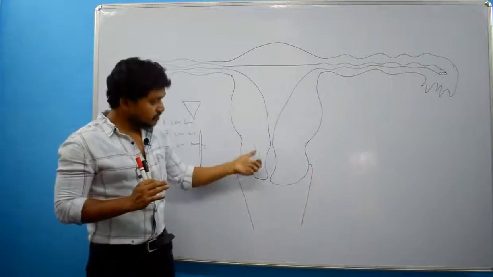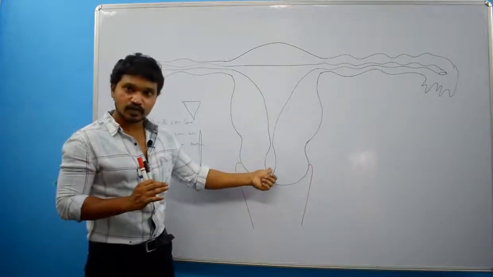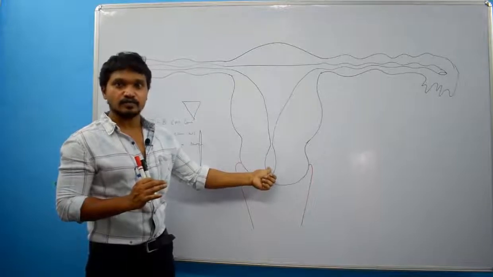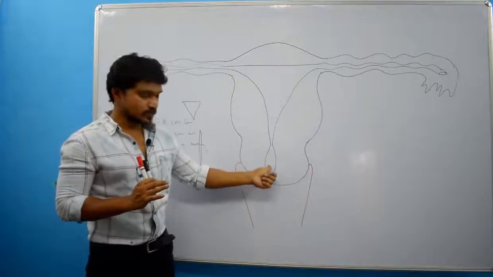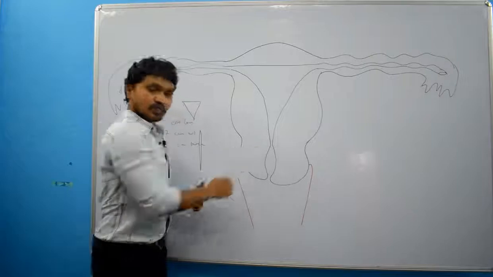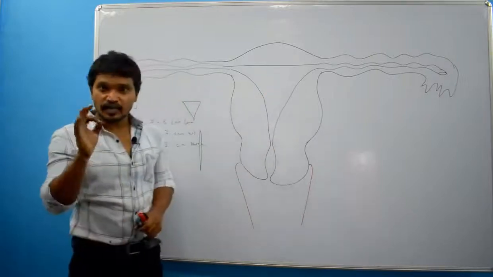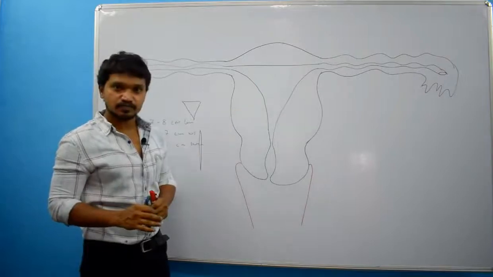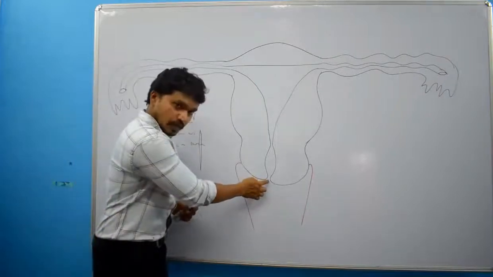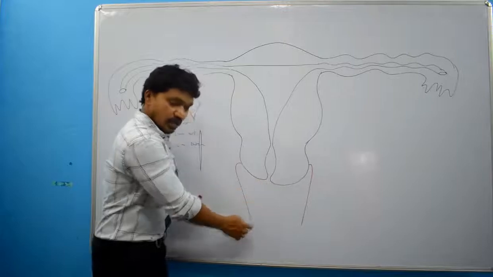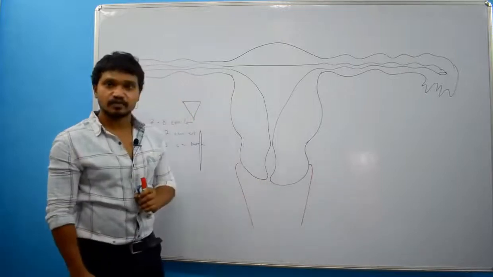And the cervix has two openings. Here is one opening, communicating with the cavity of the body of the uterus, and here one more opening, communicating with the vaginal cavity.